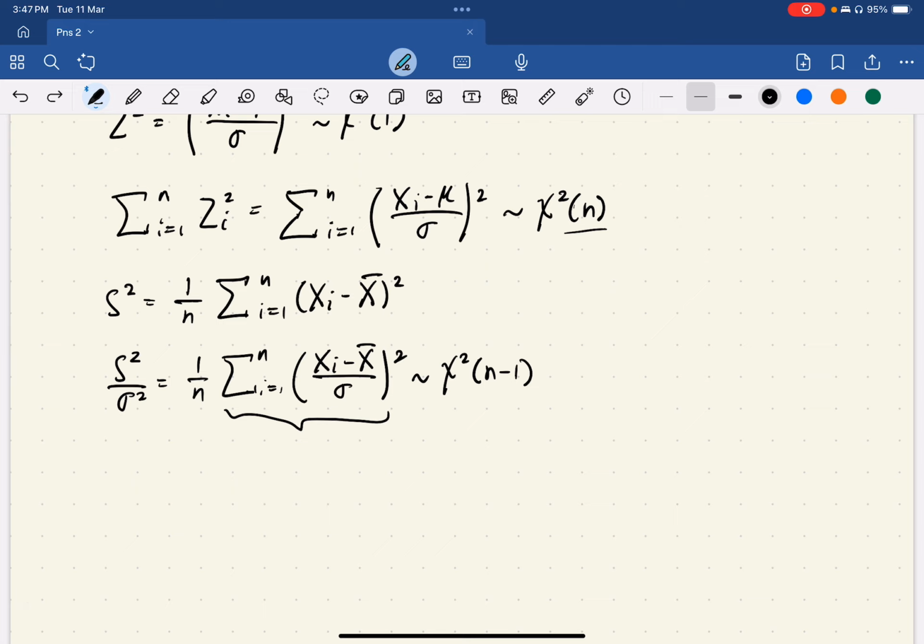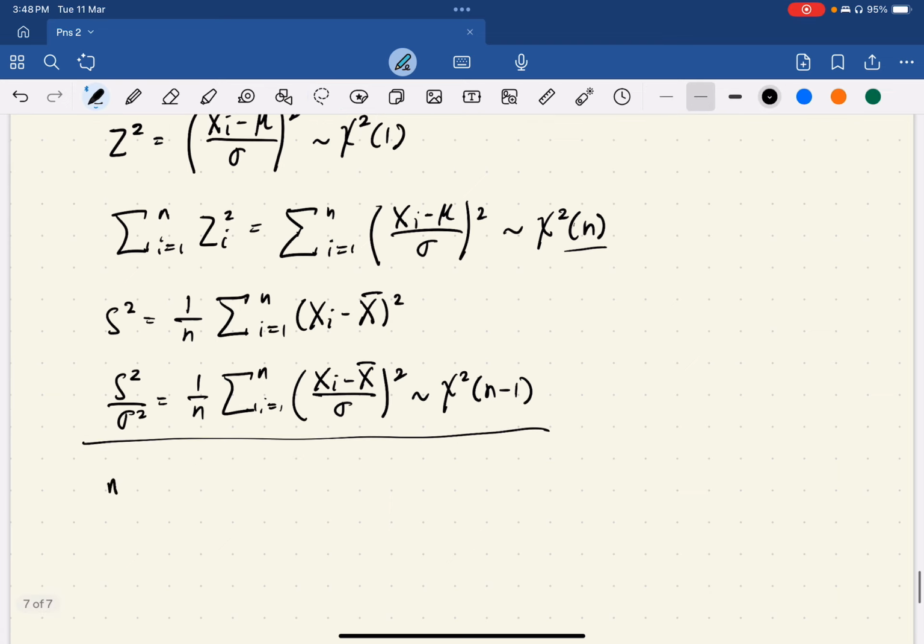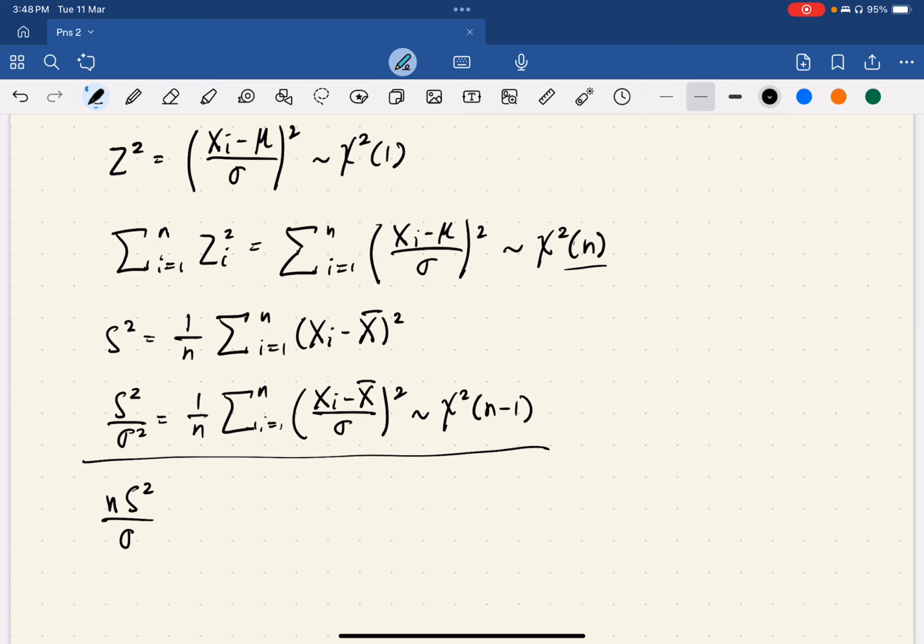Now that you have this random variable here, you can say that n S squared over sigma squared equals this.